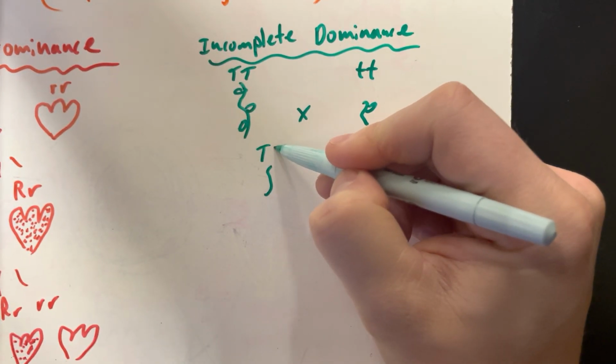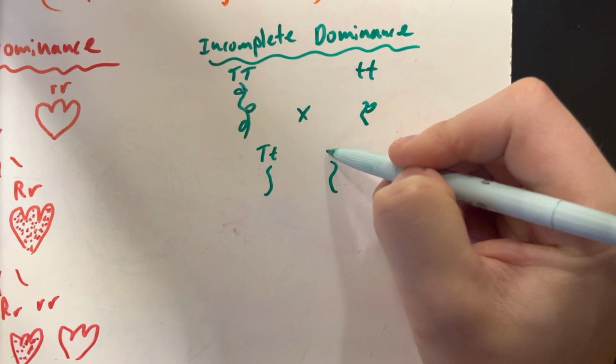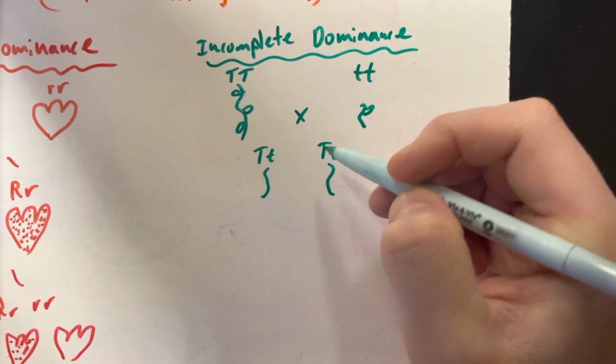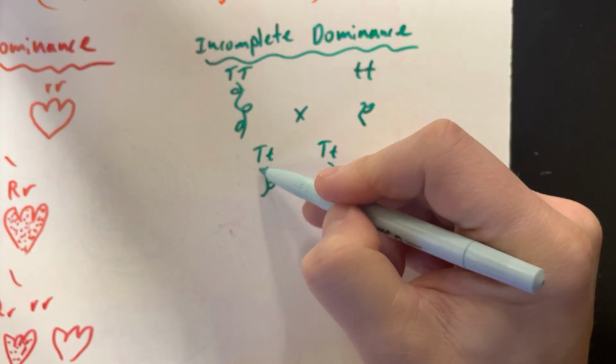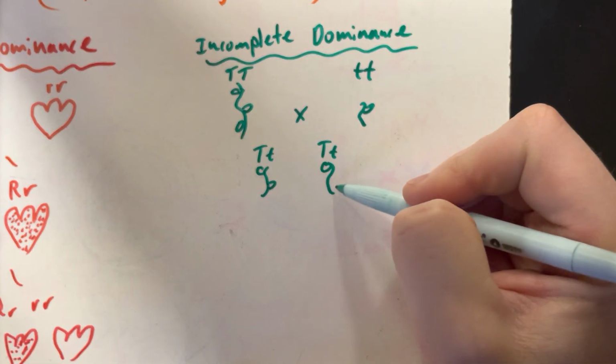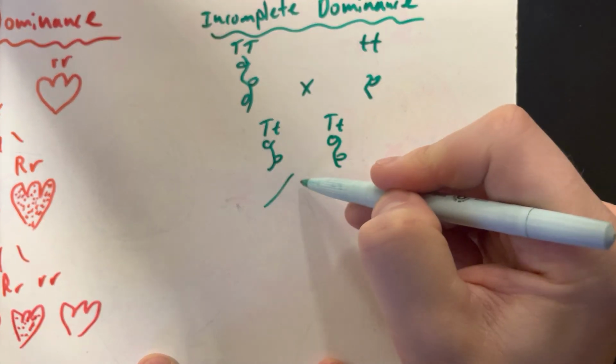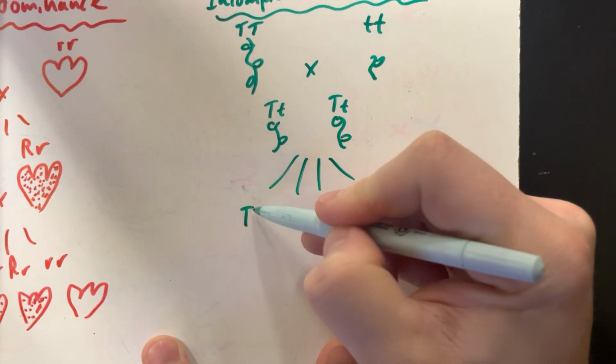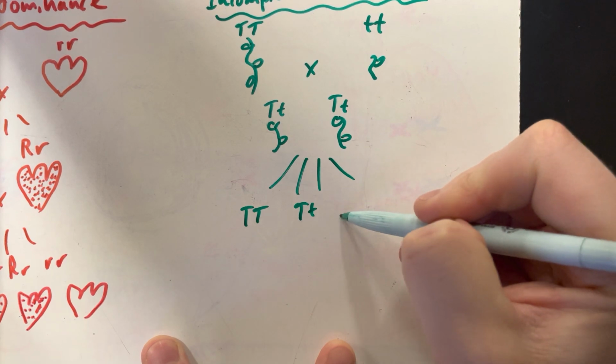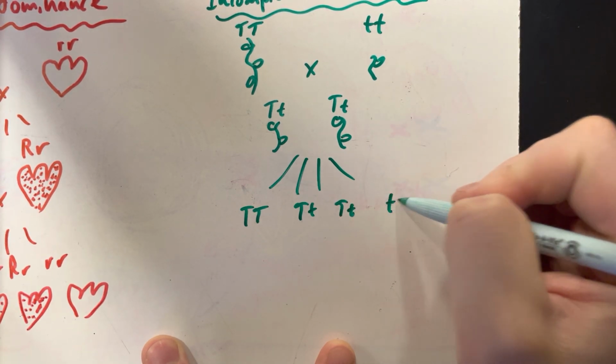You'll have big T, little t, big T, little t, and they'll be medium. And then again, big T, big T, big T, little t, little t, little t.